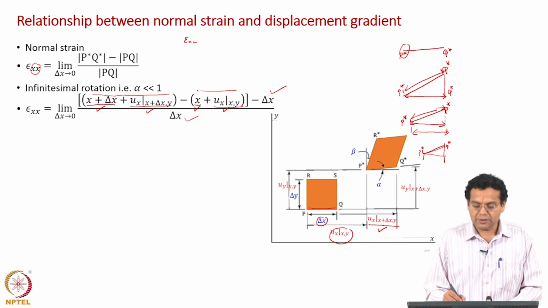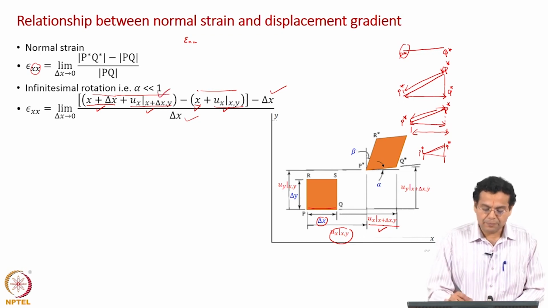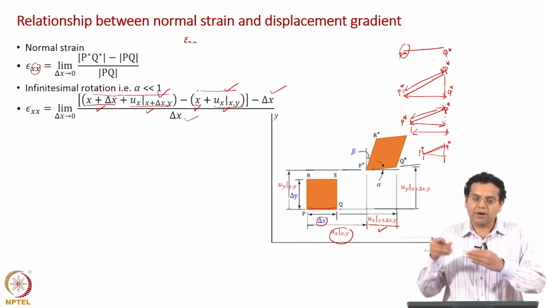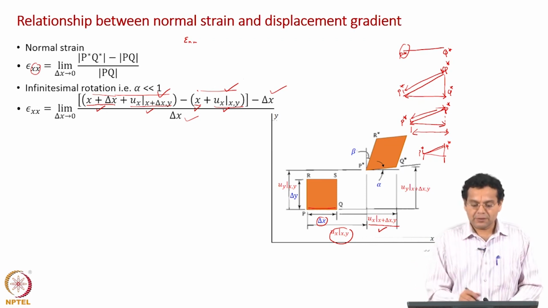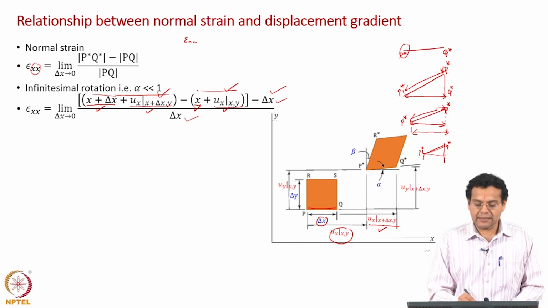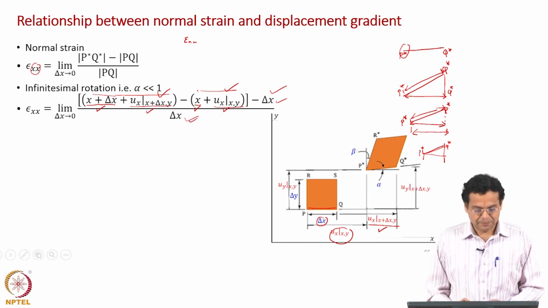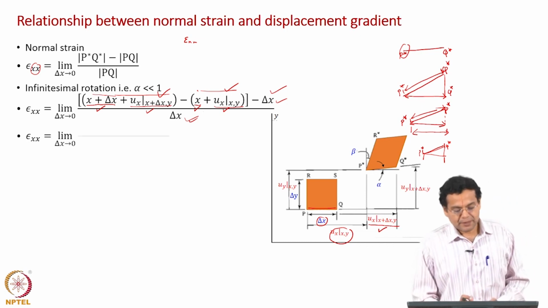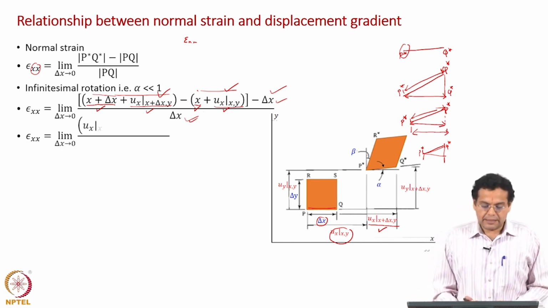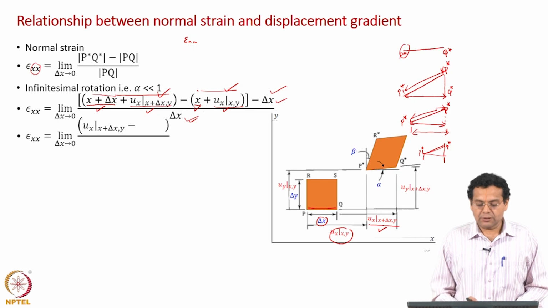Okay. And of course, when you subtract these two, you will get the length of the approximated P star Q star, the projection of P star Q star. So, that will be the new length minus the old length, divided by the old length. Okay. So, let us simplify this. X cancels out, and delta x also cancels out, and we are left only with the two displacements, and in the denominator you have delta x.